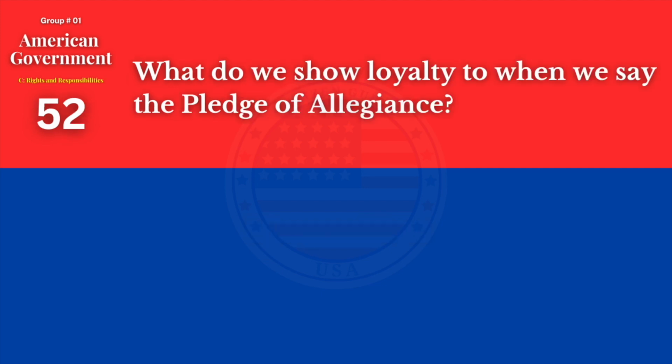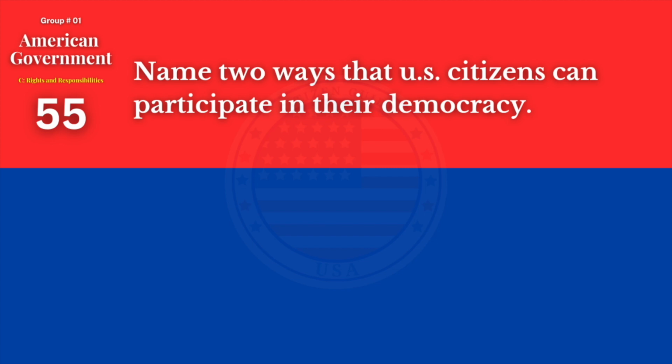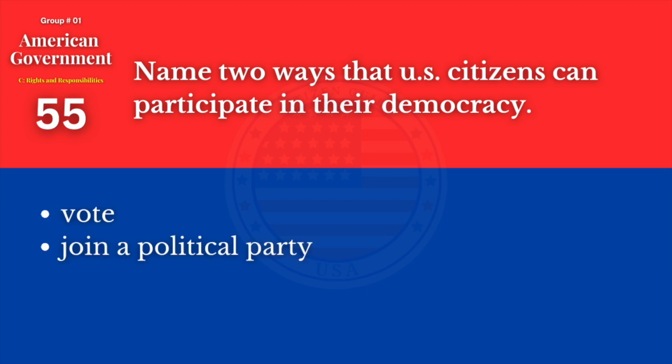What do we show loyalty to when we say the Pledge of Allegiance? The United States. Name 2 ways that U.S. citizens can participate in their democracy. Vote, join a political party.